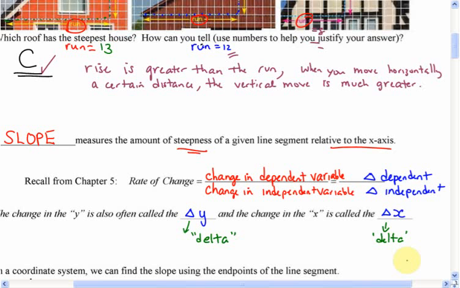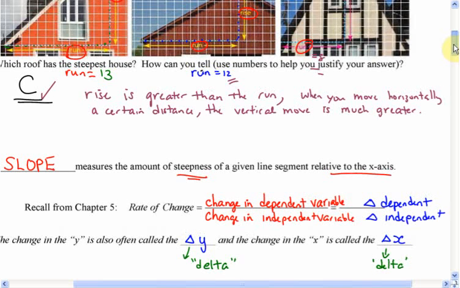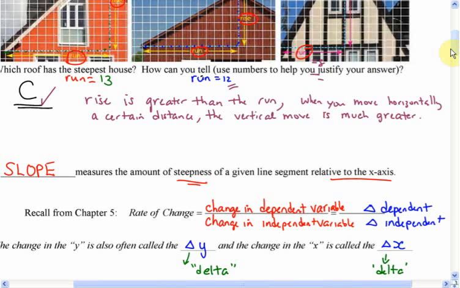Before we do the next part, what do you think represents my dependent variable in those pictures of the roofs? Is it the rise or is it the run? The dependent, yeah, the rise, because it's the up and down, right? And what's the independent then? It's the run.